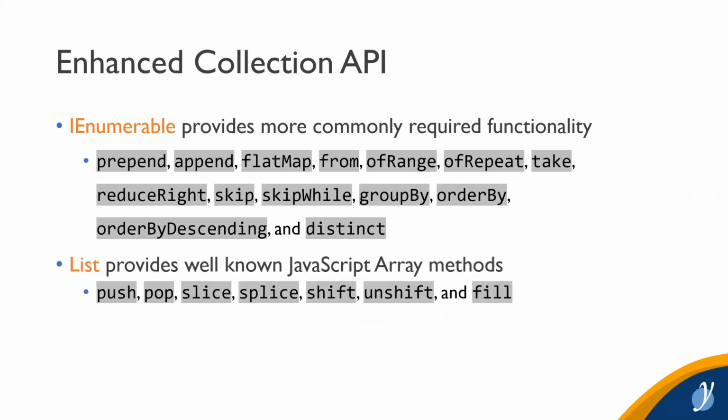And we also made our collections feel more like the built-in JavaScript API by adding those methods that you may know from the JavaScript array already. If you were missing those push, pop, slice, splice, shift, unshift, and fill methods, there you are. They are now available on our list implementation too, with all the goodies that we have above here. So every list, of course, also is enumerable and has all this functionality.